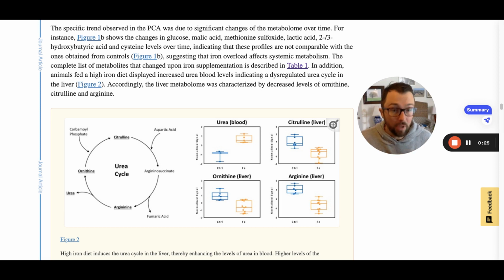These are all amino acids and metabolites associated with the proper urea cycle within the liver. Now, we won't go into the specifics of each of those amino acids and compounds, but it is just further evidence that the liver is under a great degree of stress, and it is altering its ability to properly filter waste.